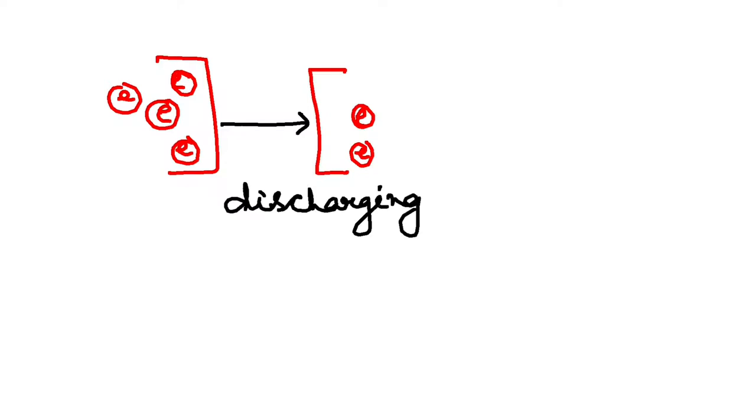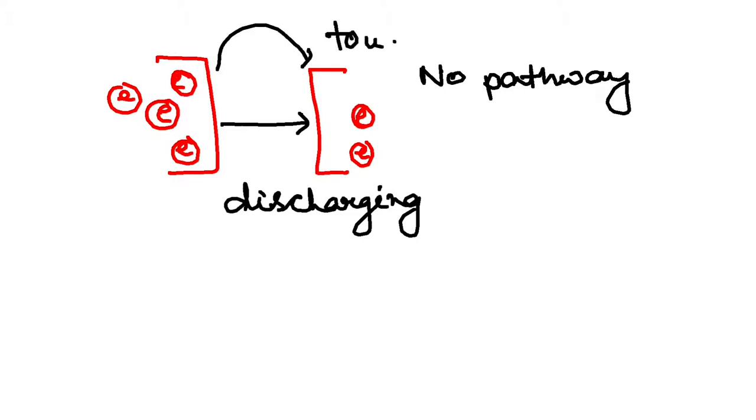Try to understand something over here. There is no pathway here. We have not provided any pathway. The electrons get transferred from this object to this object whenever they touch each other. There is no definite pathway. Okay. Now, this rate of discharging is very low, so we don't feel the effect. But if the rate of discharging is very fast, very high, we are going to feel the effect.